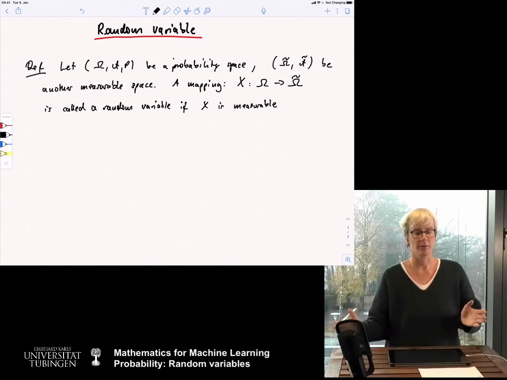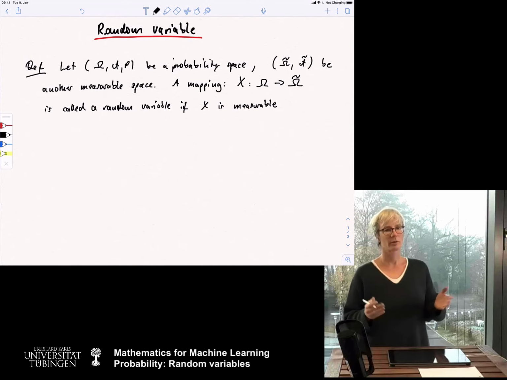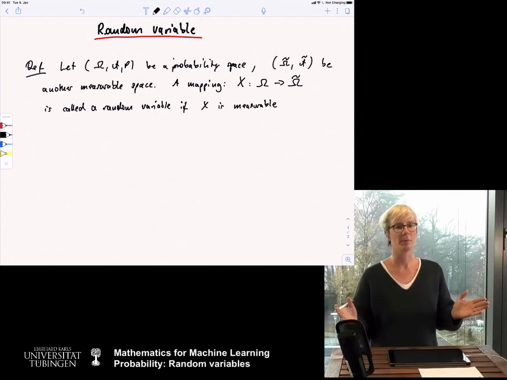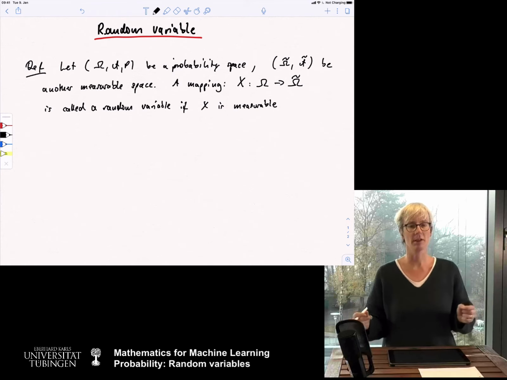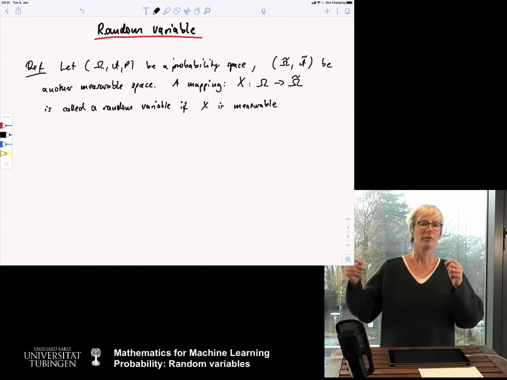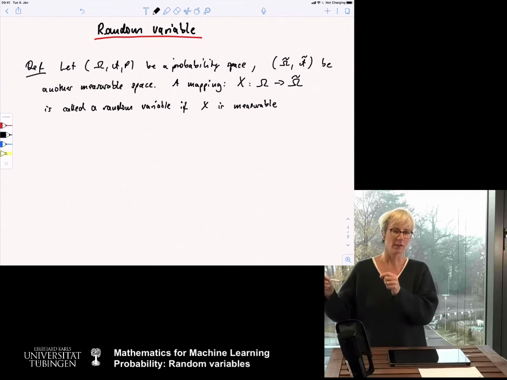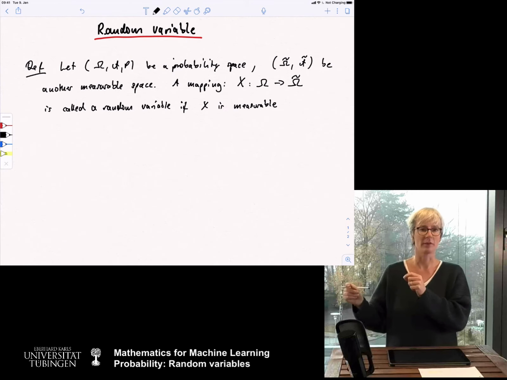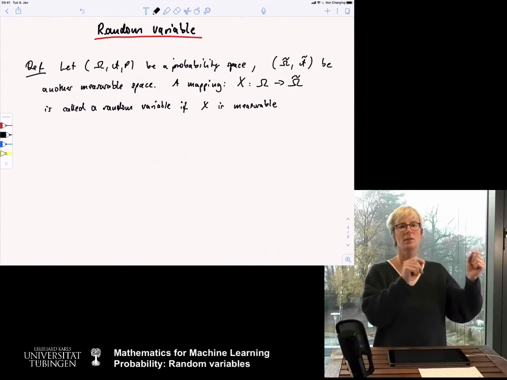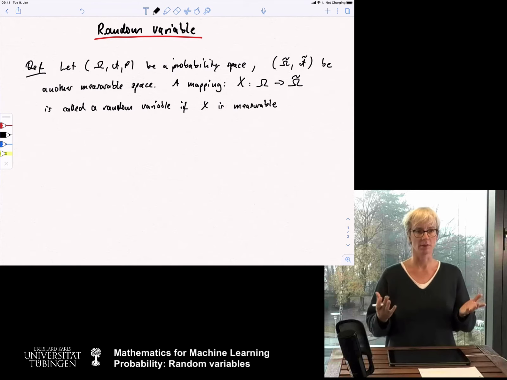Formally, from a mathematical point of view, X is a function that goes from omega to omega tilde. And when is a function measurable? It's measurable if for all sets in the target space that are in the sigma algebra of the target space, the pre-image is in the sigma algebra of the original space.